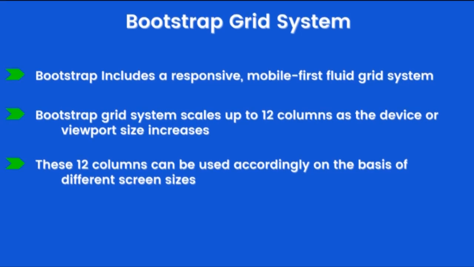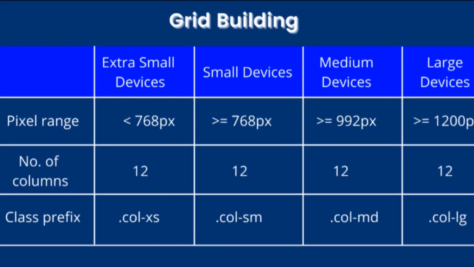So let's see how these 12 columns can be managed, or how we can check which is a large screen and which is a small screen. It depends on the number of pixels that you can check while working on any screen. I'll show you that in the practical implementation itself, since I'm working on a laptop of maybe a 14-inch screen.